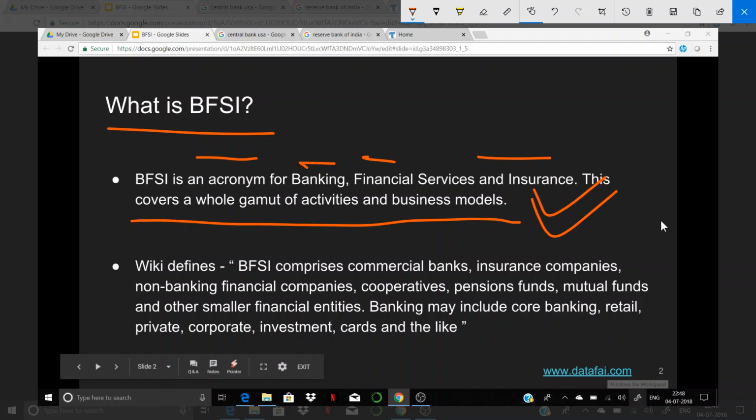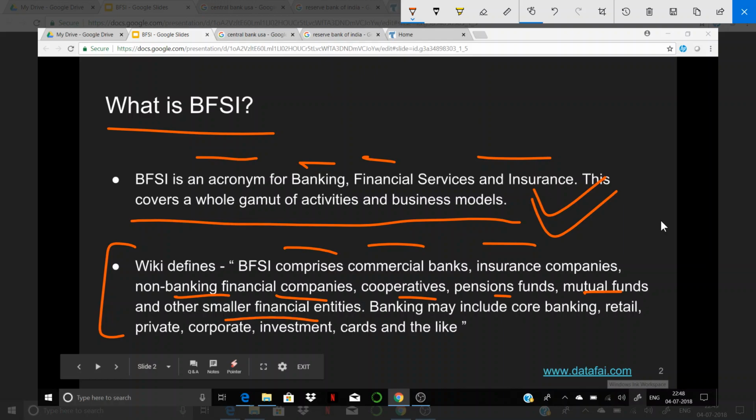So let's look at what is the definition that people use to define the BFSI, right? Here is a definition from Wikipedia. Let's just take a minute to look at it. So BFSI comprises commercial banks, insurance companies, non-banking financial companies, cooperatives, pension funds, mutual funds, smaller financial entities, and so on and so forth, right?